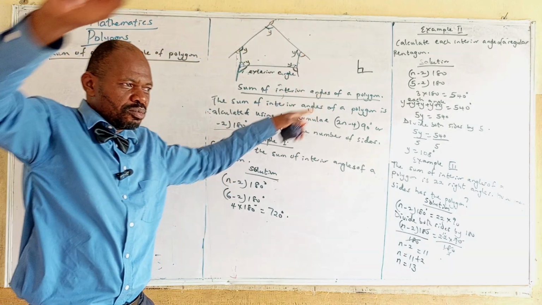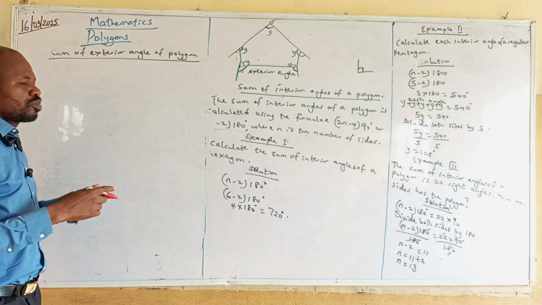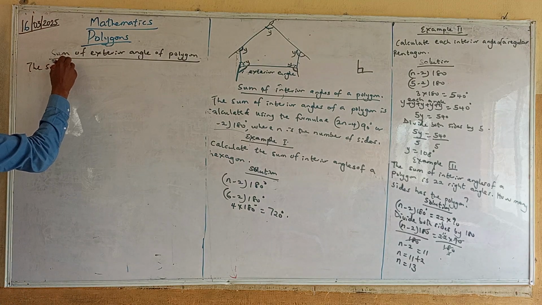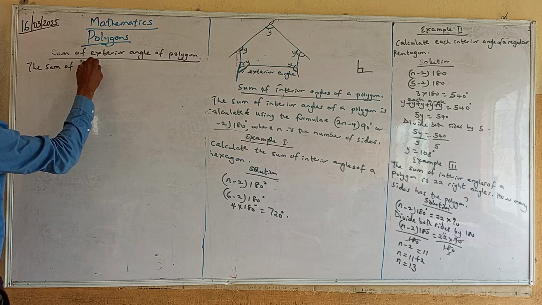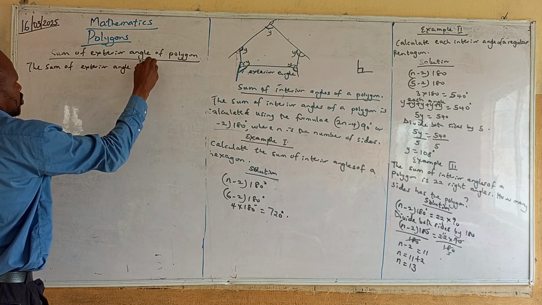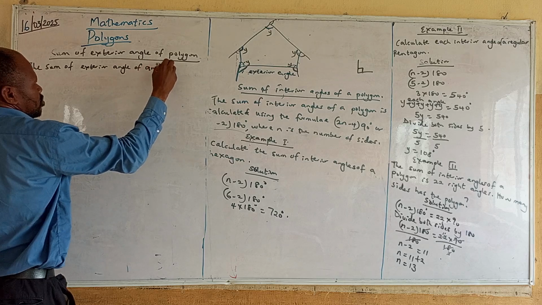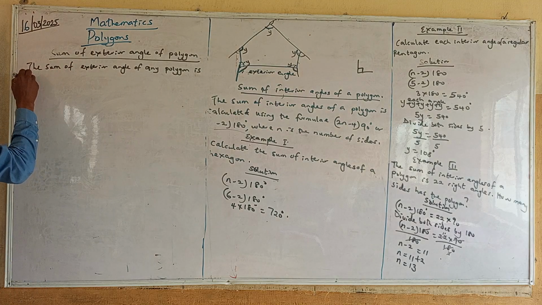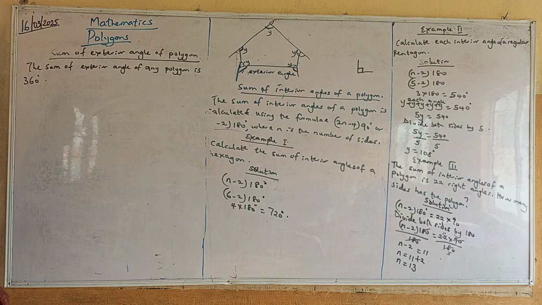The sum of the exterior angles of any polygon is 360 degrees. Okay, let me use an example now.